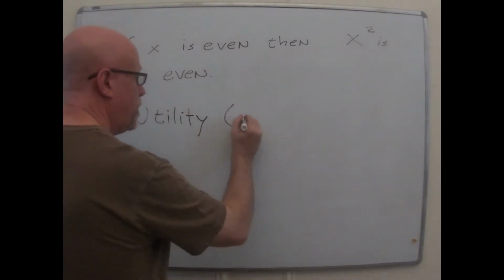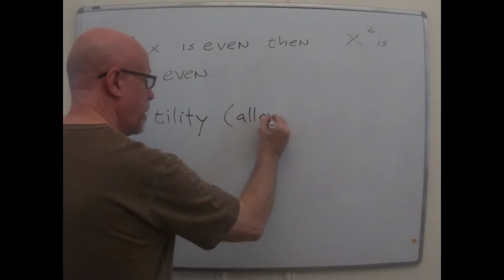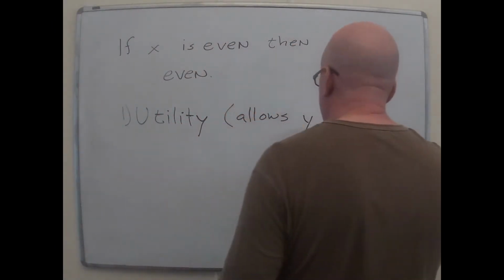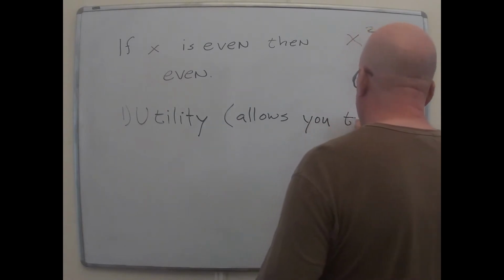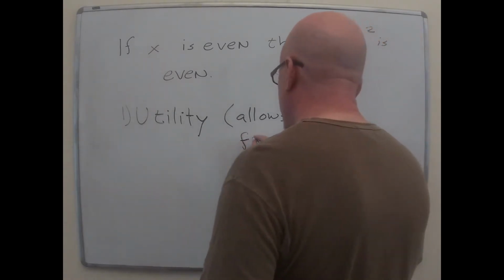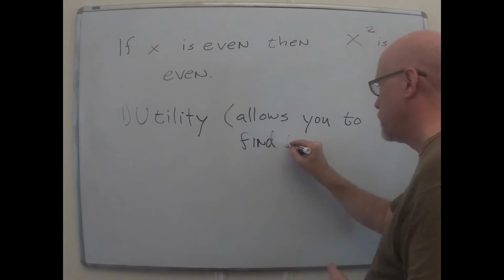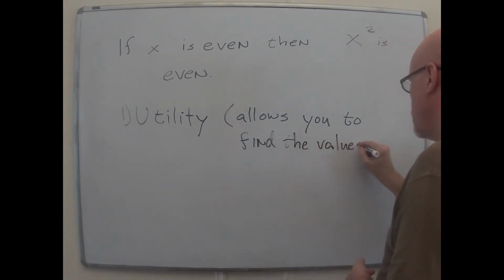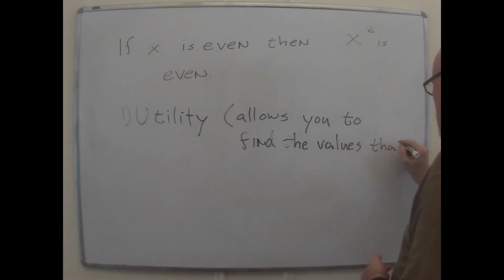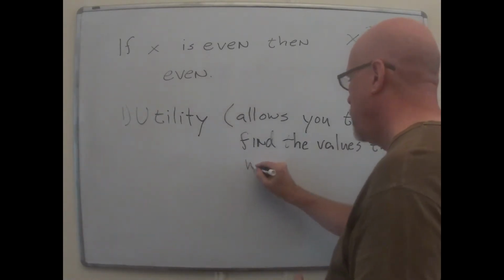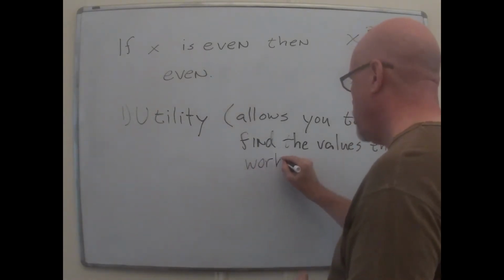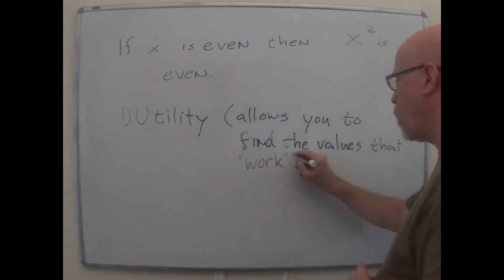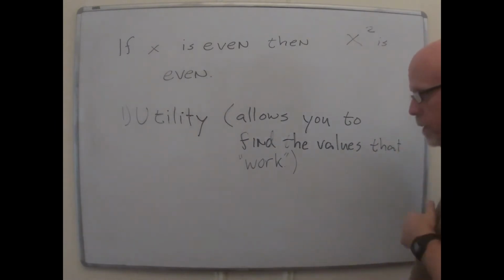So when I say utility, I mean it allows you to determine the actual value or values for the variable. I'm not sure this is the way I would say it, but this is the way I hear students say it. It allows you to find the values that work in the sentence.